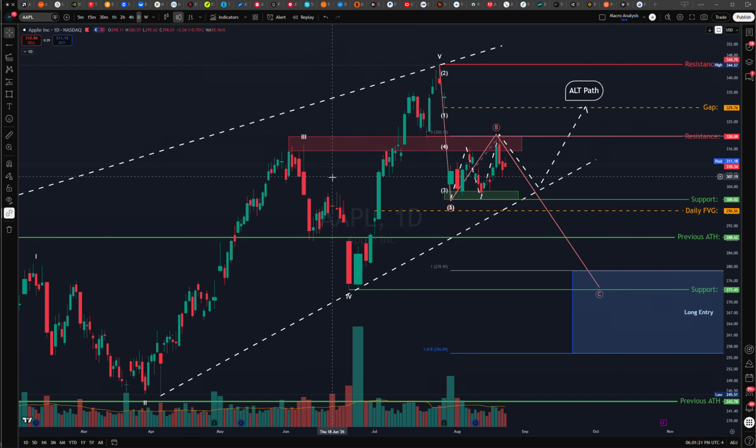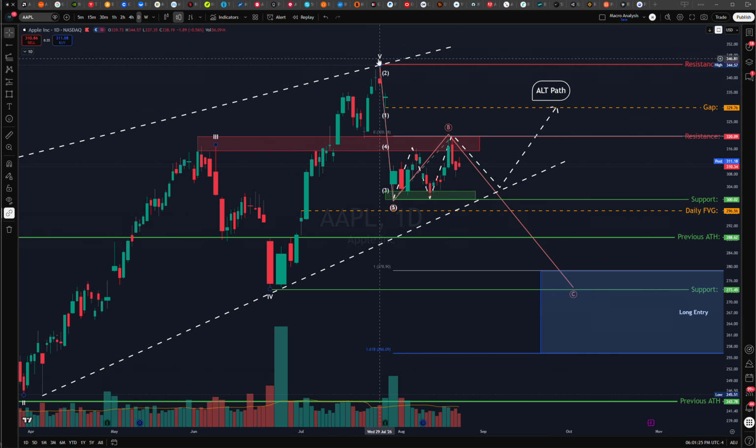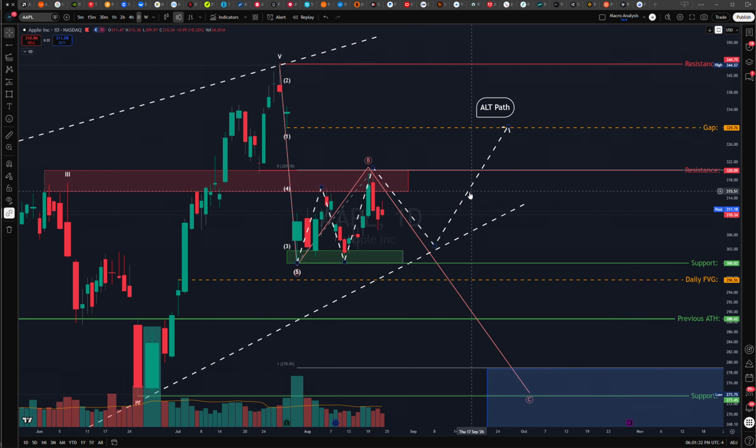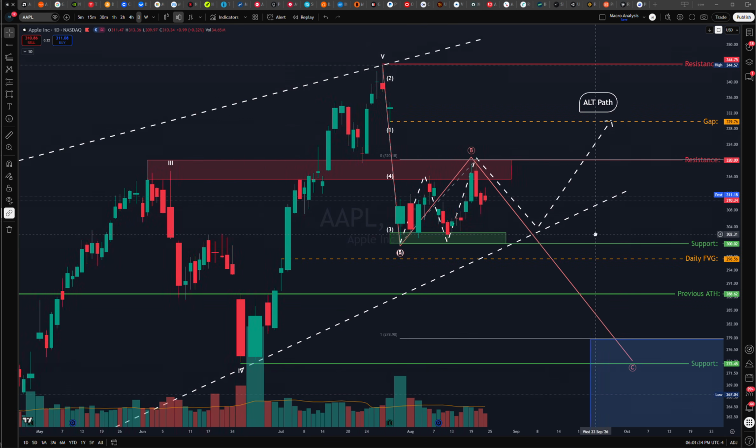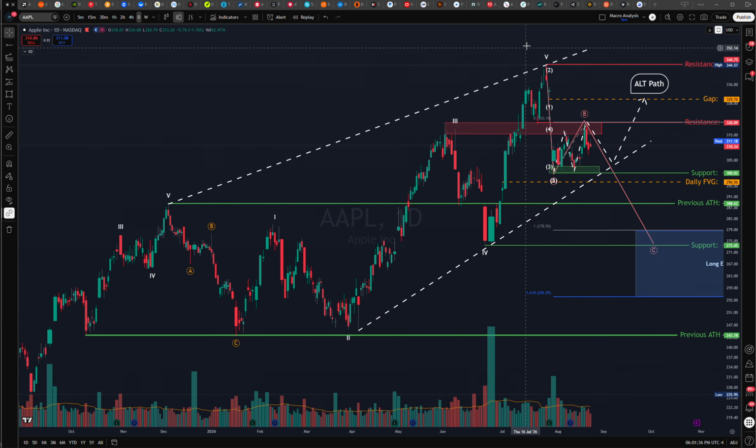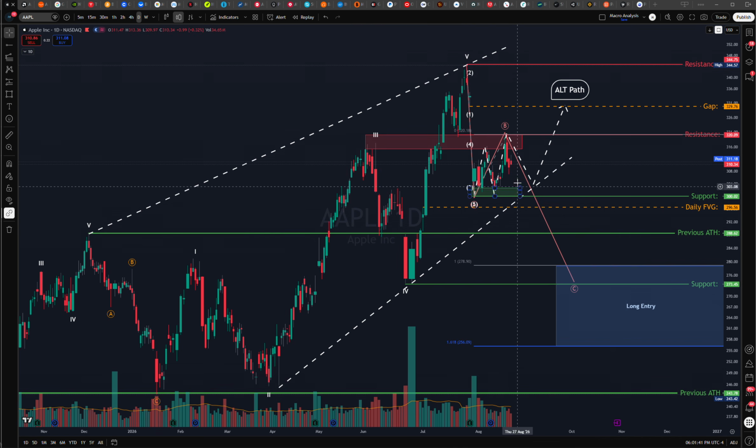You have A, B, C to the downside. Now you have a fifth wave, and now you need to correct this entire move. So you have your A wave, B wave, and your C wave. Theoretically, this is your C wave. Now, in a bullish case scenario, this was the entire retracement, and it's over, and Apple is going to just break to the upside again.